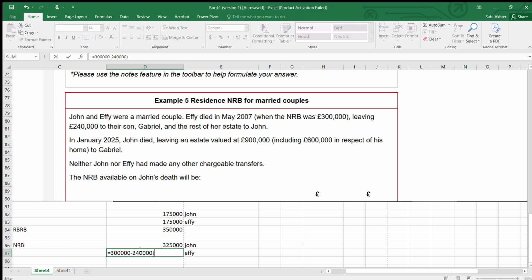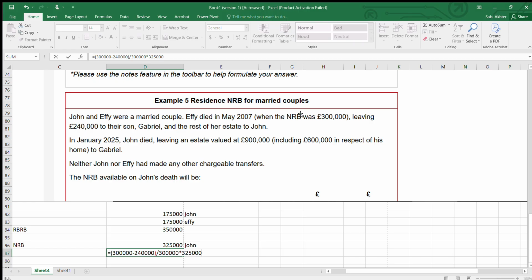Okay. Let's put bracket. Divide this by 300,000 because we want to find the percentage. The unused percentage into 325,000. This is how you find the unused percentage. The amount of the gift, that is to the son, 240.